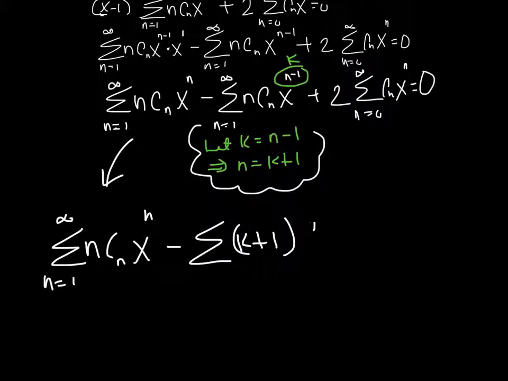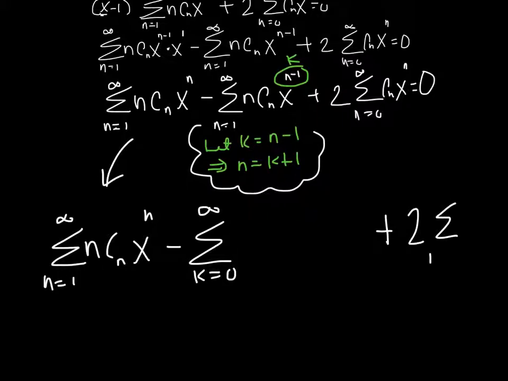And cn, so let's just say c of k plus 1. X to the, and then this is all in k. And again, notice I started with n equals 1. So if n is 1, then I know k is 1 minus 1, which is just 0. So that's how I know to start with k equals 0. And that's pretty much it. I'm just writing this guy.